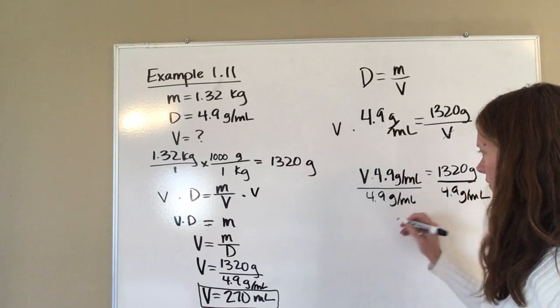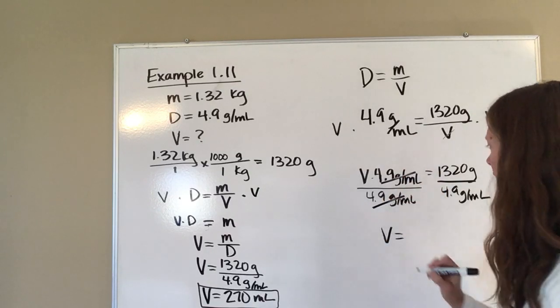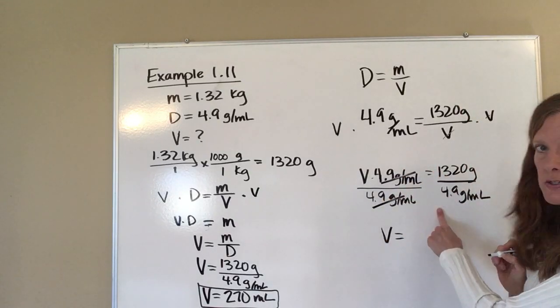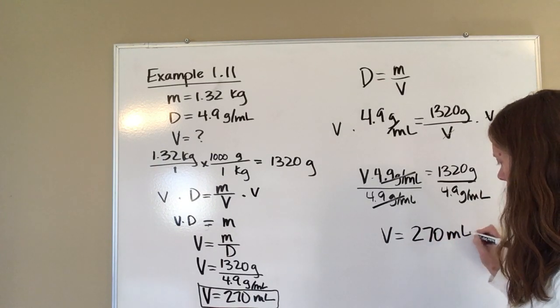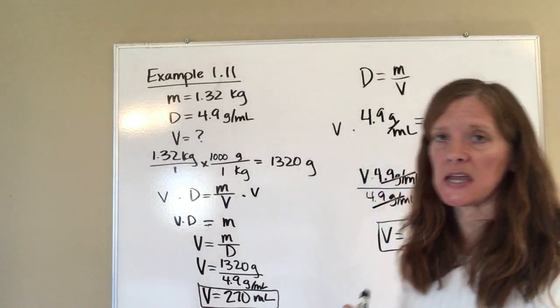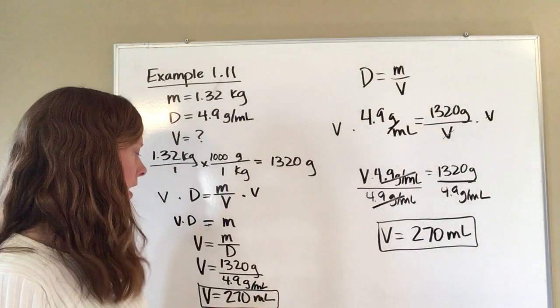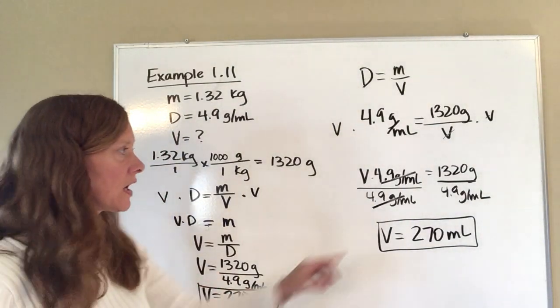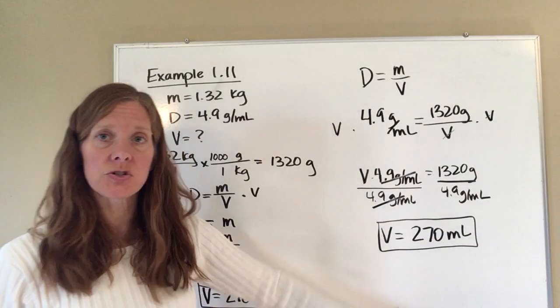And then once I've done that, this cancels out over here, so I'm left with V on this side. And I have 1320 divided by 4.9, which gives me 270 milliliters. Okay, you notice that I ended up with the same mathematical process in both cases. I ended up both times with 1320 over 4.9, and I ended up with the same answer in both cases.